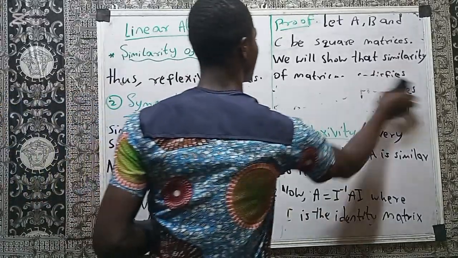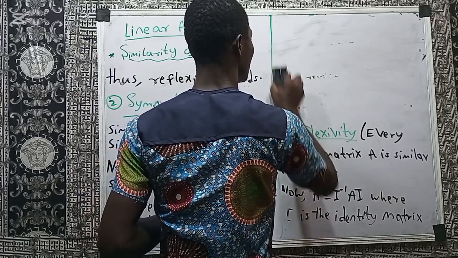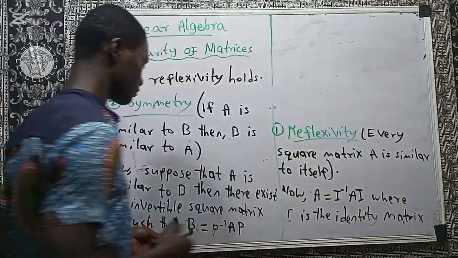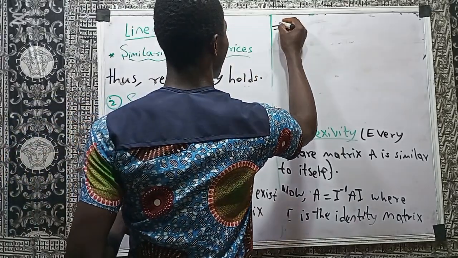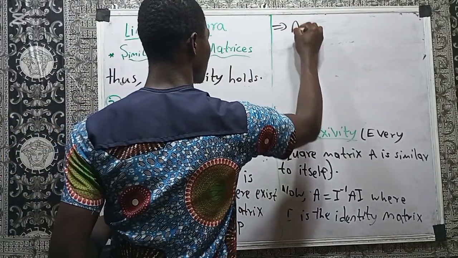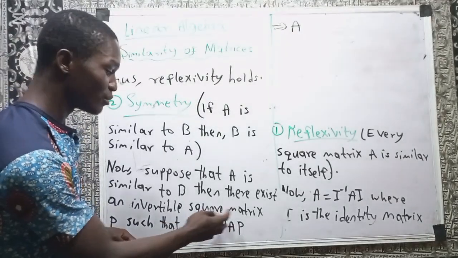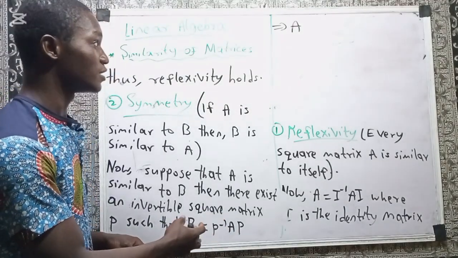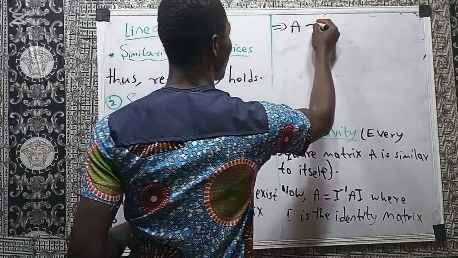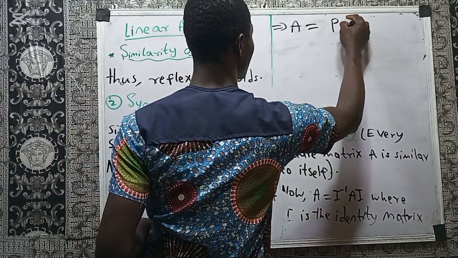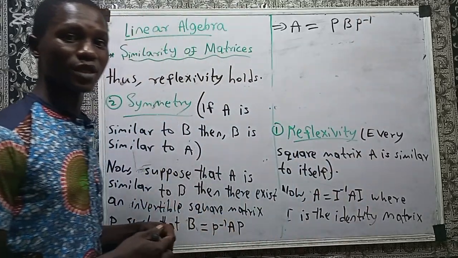Now this implies that if you solve this equation and make your matrix A the subject of the formula, then your matrix A will be equal to P B P inverse. Right?